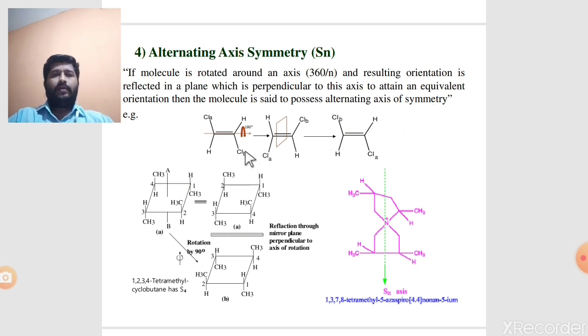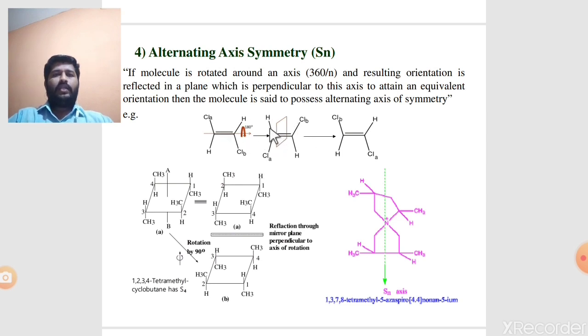See the best example, again trans-dichloroethene. Through the two double-bonded carbons an imaginary axis is constructed, and the molecule is rotated around this axis by 180 degrees, giving the second structure. Then the second structure is reflected in the mirror, giving the third, and this third structure is exactly identical to the first structure, meaning there is an alternating axis of symmetry.